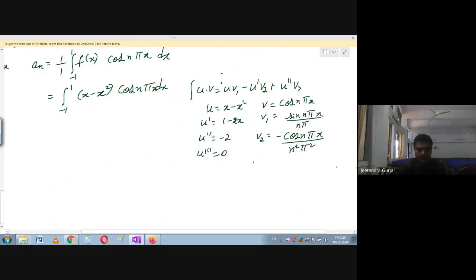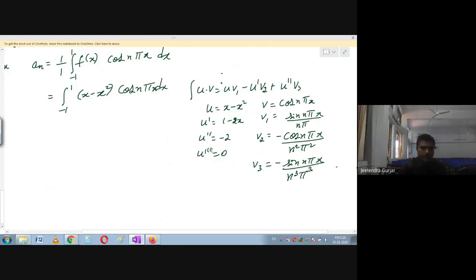Okay, further if we continue, v3 will be equal to, keep minus as it is, cos n pi x integration will become sine n pi x. Already n square pi square is there, so this will be n cube pi cube.